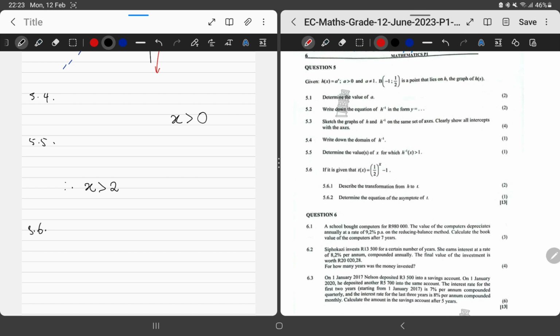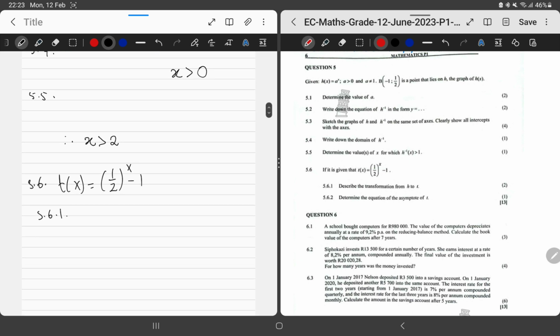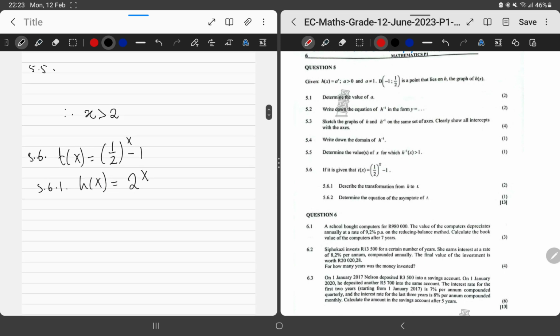5.6. It is given that t of x is equal to 1 over 2 exponent of x, minus 1. 5.6.1, they want me to describe the transformation of h to t. Well, h of x is given as 2 to the exponent of x. So out of nowhere, I have a half.